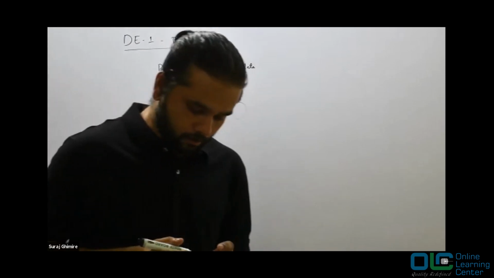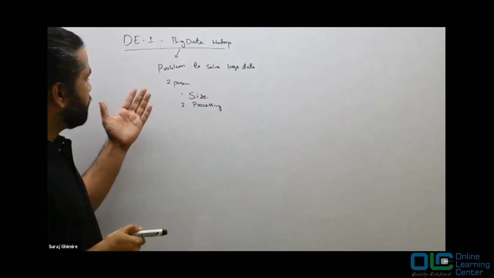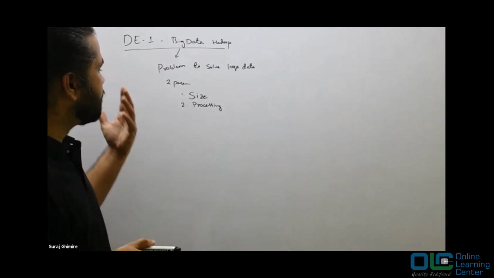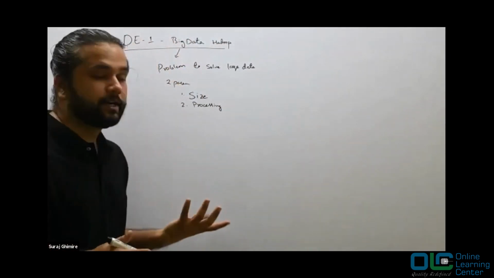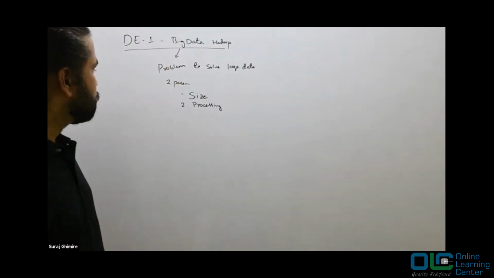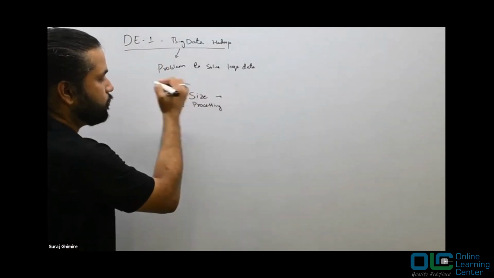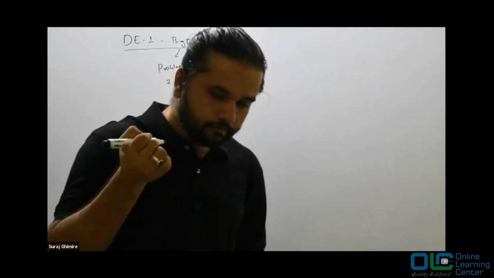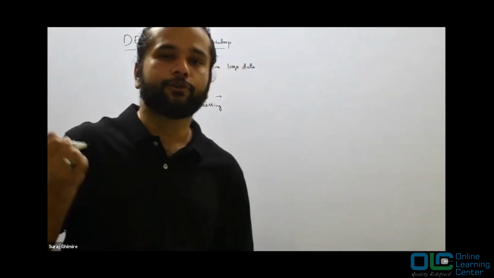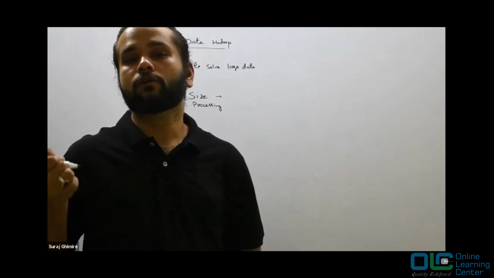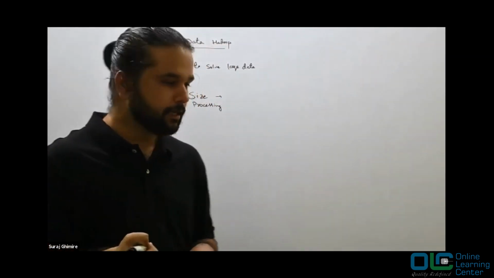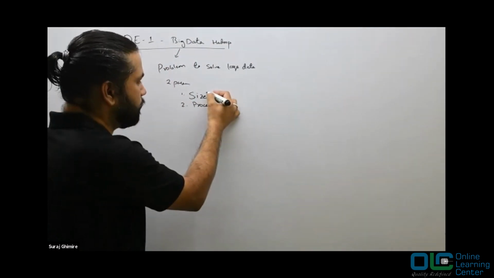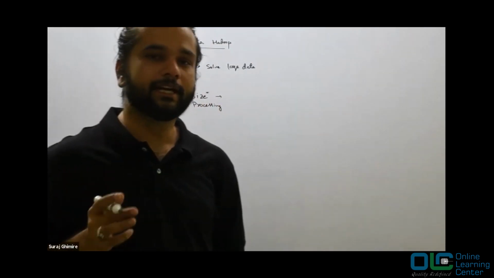How do you decide what size of data is large and what size is small? When we talk about size, if you have data which you cannot store easily on a single machine, then I will call it a big data problem. The data is big.